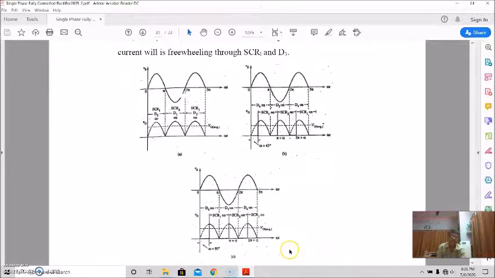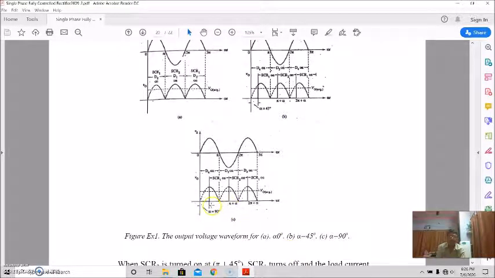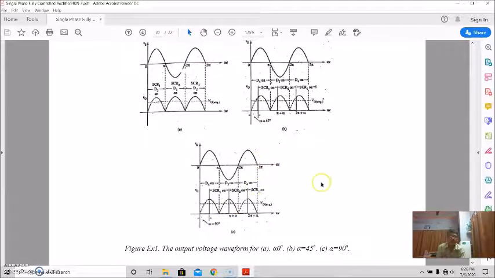See, that is the case, isn't it? Compare these two, you'll find the same thing. For the first positive half, diode 4 is in the forward biased condition, and at alpha equal to 90 degree, SCR 1 is turned on. So output voltage will appear across the load. The current is flowing through the RL load, and it will be like this.